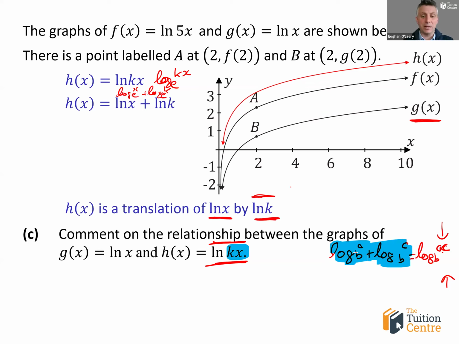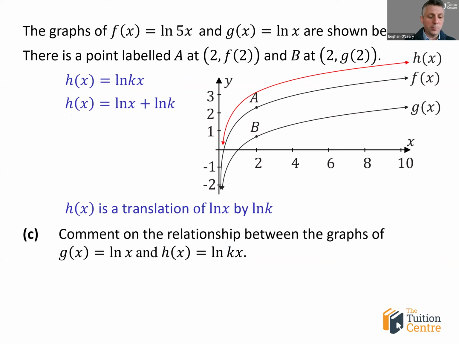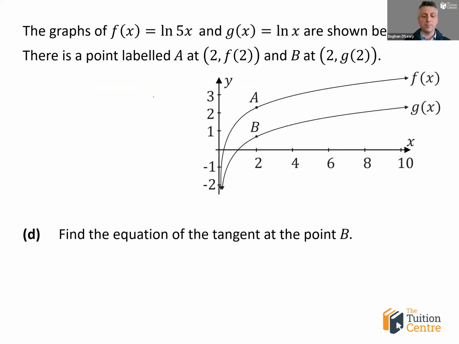So depending on what the value of k is, that's what you're doing. Because the only difference between h of x and g of x is this part. So it's a translation by the ln of k. So people might have struggled a bit with that language, but hopefully you kind of have the meaning of it.